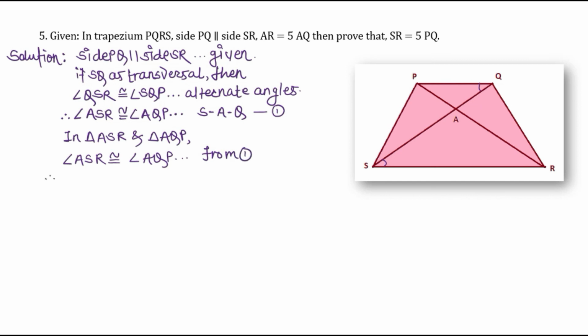Also we have one more pair congruent, that is angle QAP is congruent to angle SAR. That is because, see this triangle first, QAP and SAR. These are the opposite angles. So we can write the reason: opposite angles.